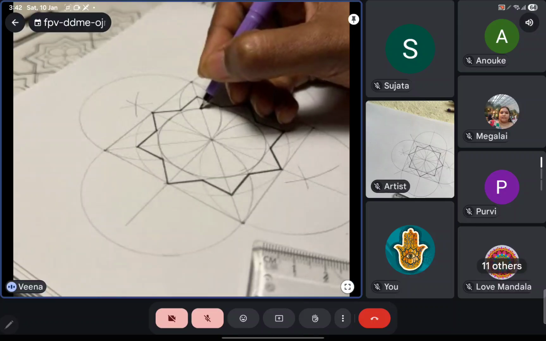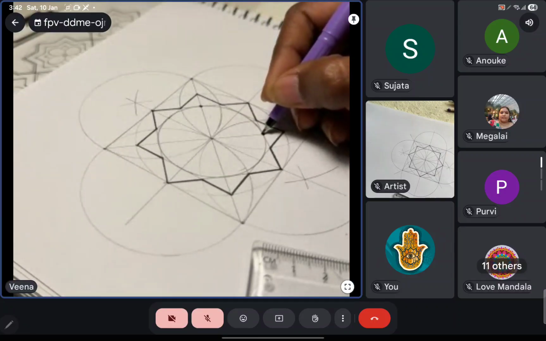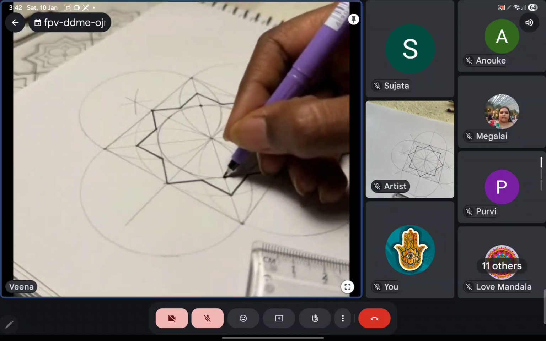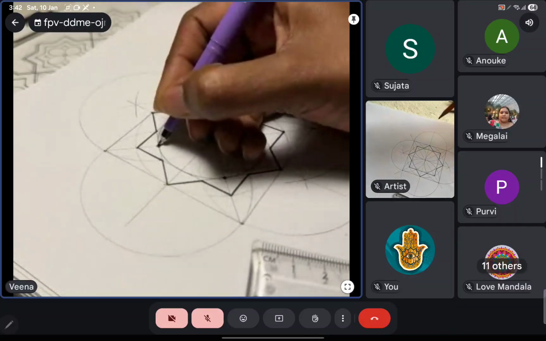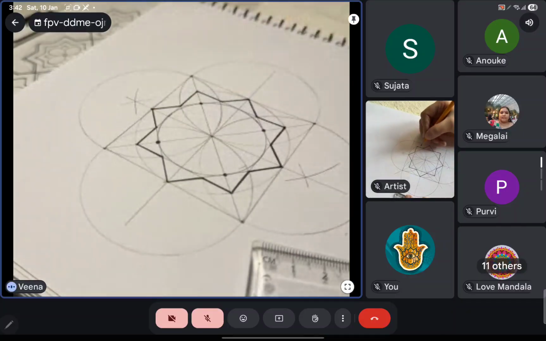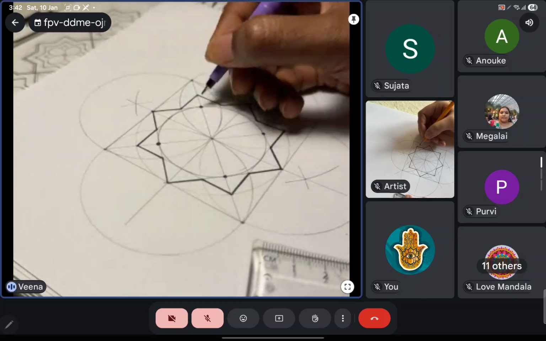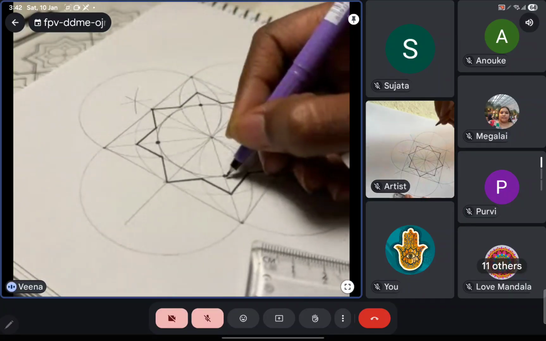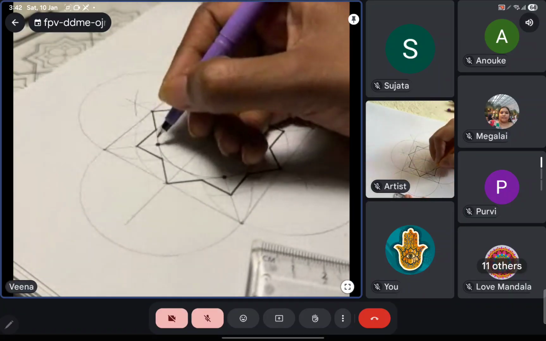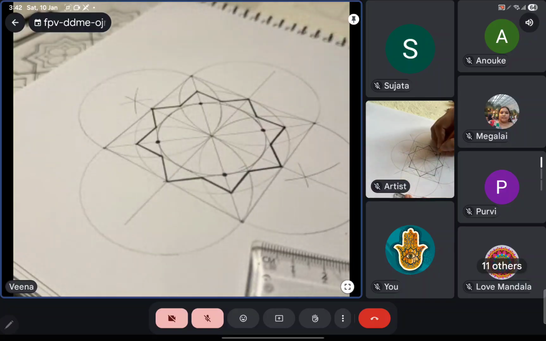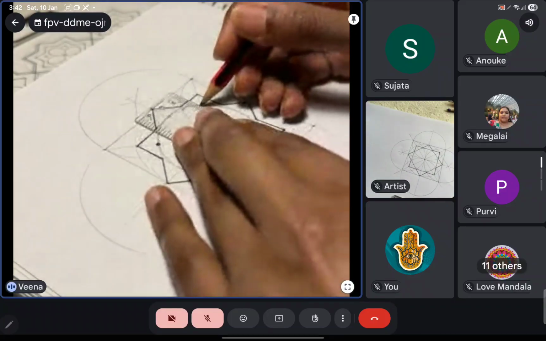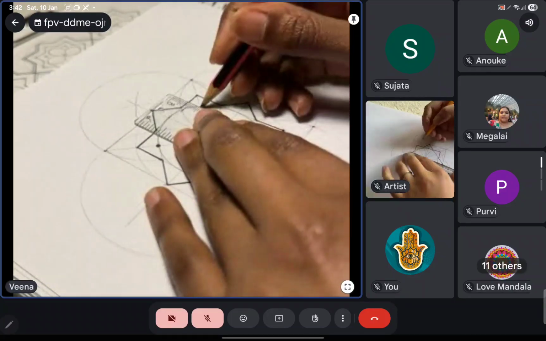So 0.1, 0.2, 0.3, 0.4. Maybe a little bigger so that you can see. And then just join them.